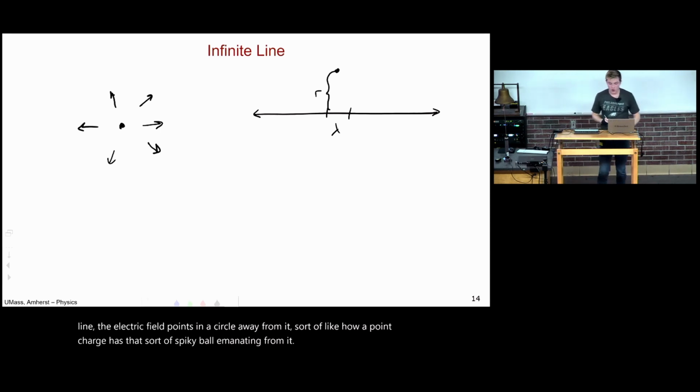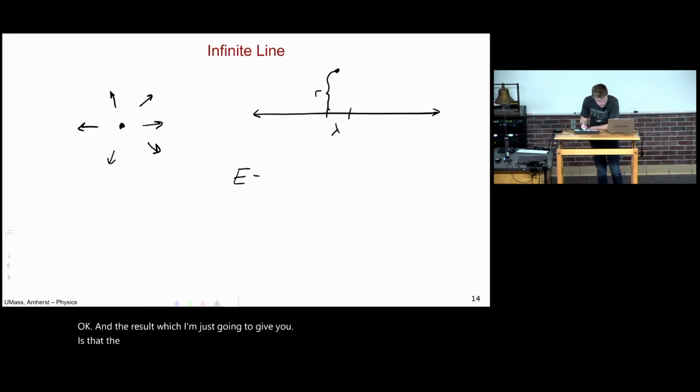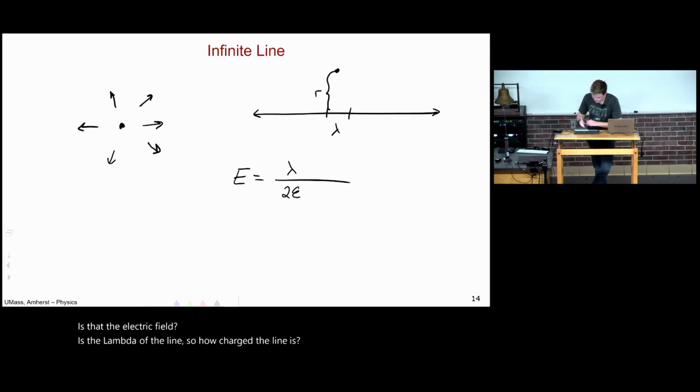And the result, which I'm just going to give you, is that the electric field is the lambda of the line, so how charged the line is, divided by 2 pi epsilon 0 r.